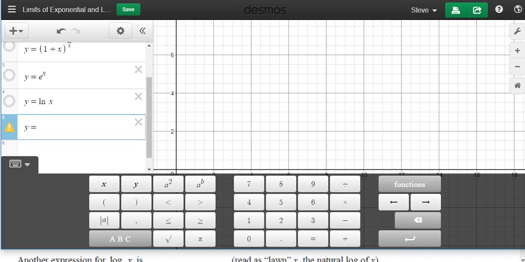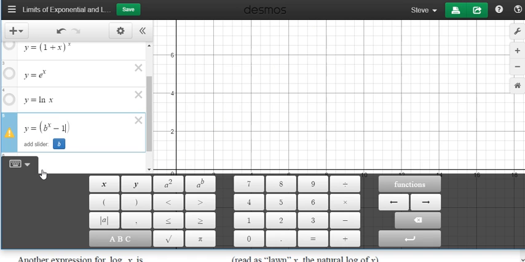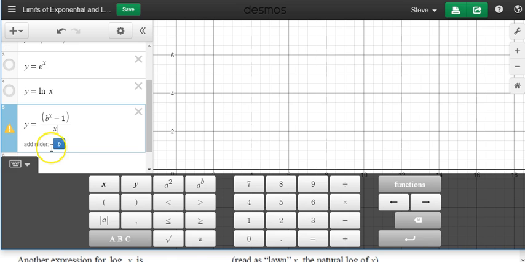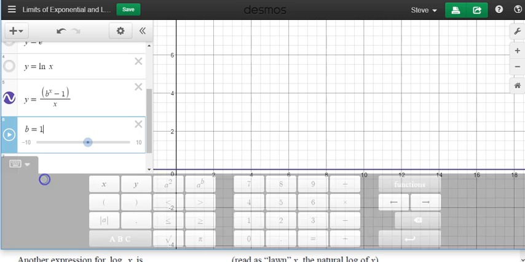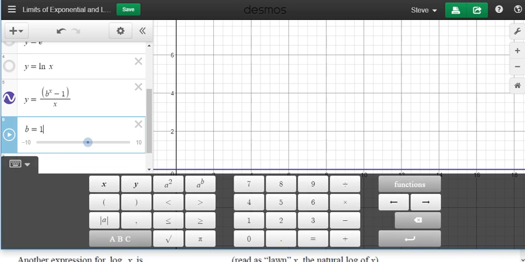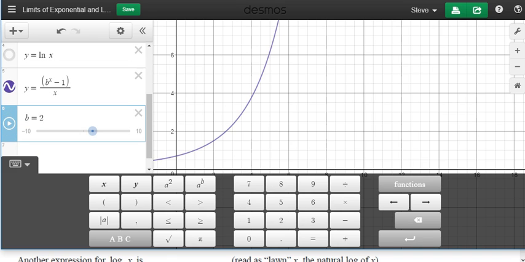So bracket b to the x minus 1 all over x, divided by x. Add slider b. So I'm going to put b in there so we can change it, right? So here it is. If b is 1, okay, that's pretty boring. So what if b is 2? Okay, so if b is 2, then what do we get?